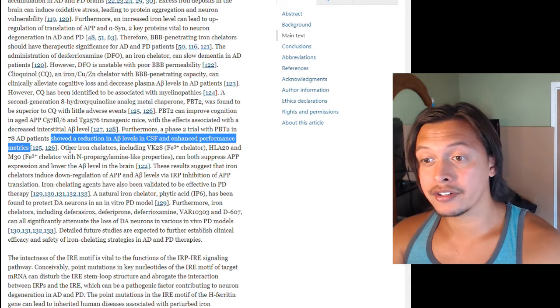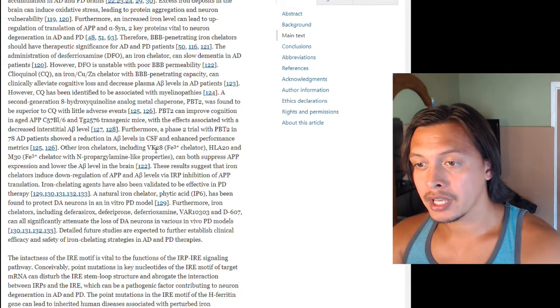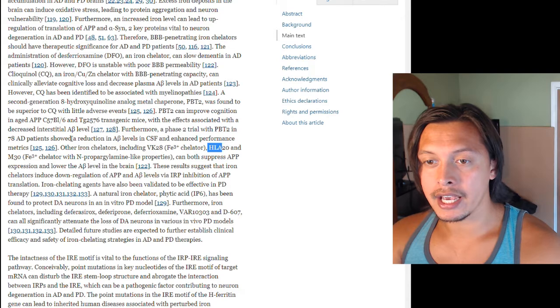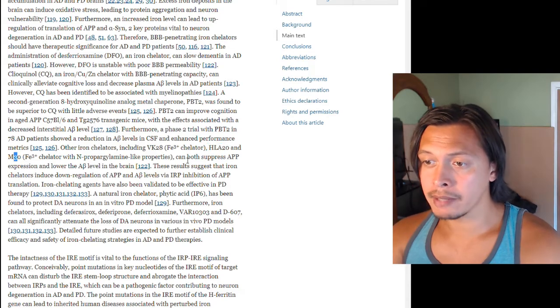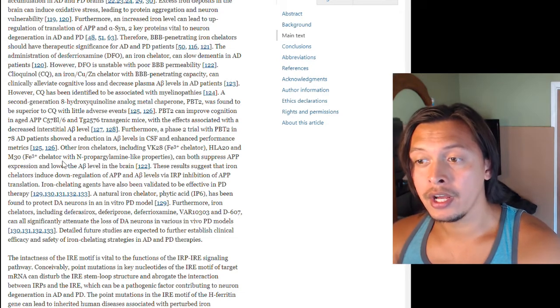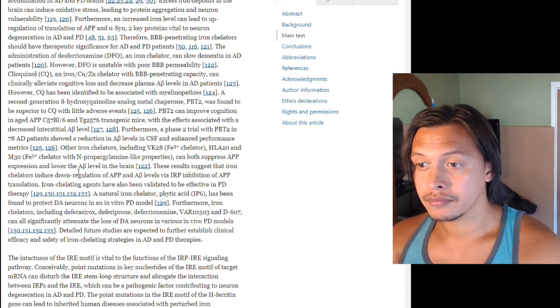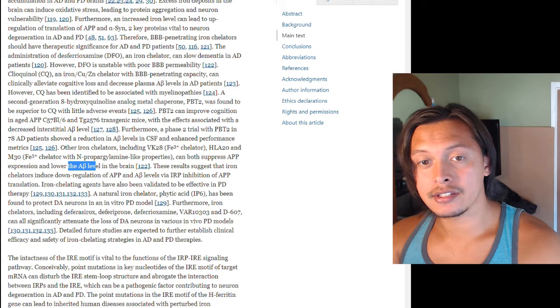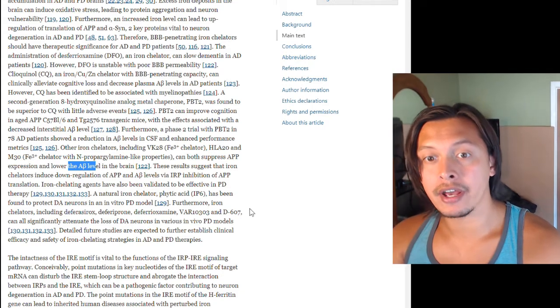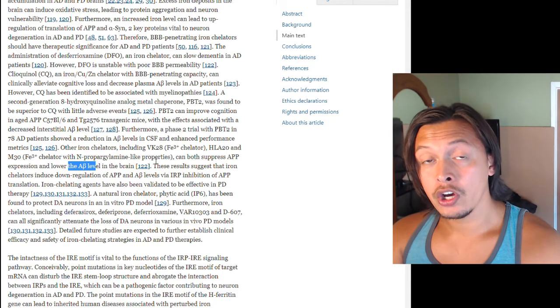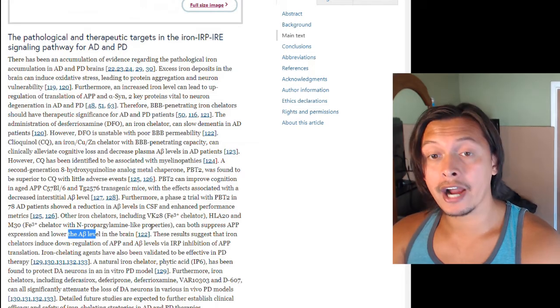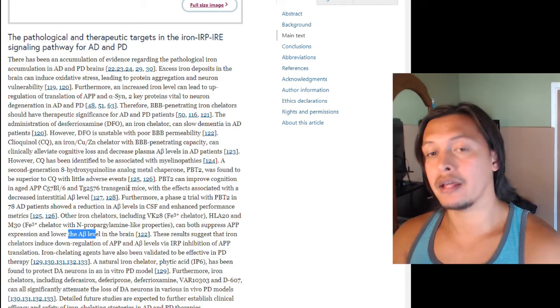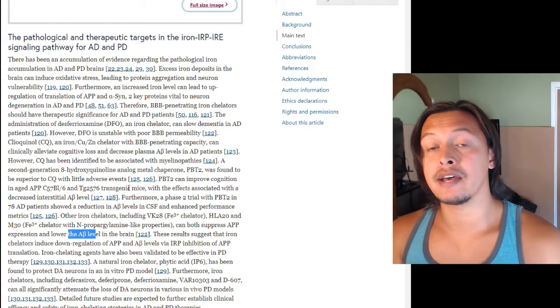So other iron chelators, including VK28, HLA20, and M30, can both suppress APP expression and lower the amyloid beta levels in the brain. So basically what's happening, these chelators are coming in, they're binding to iron, and by binding to iron, the iron is not able to bind to the iron regulatory protein. I'm presuming that is the main case.